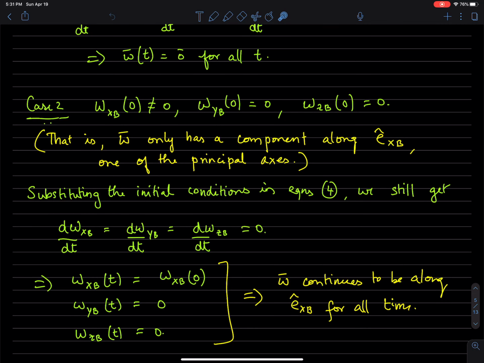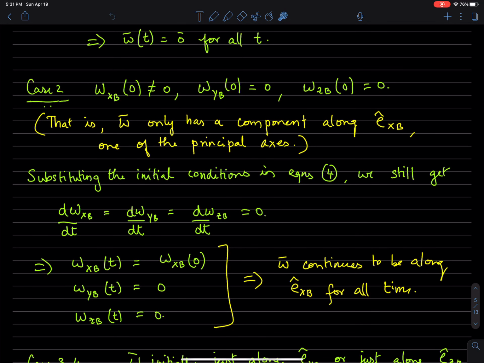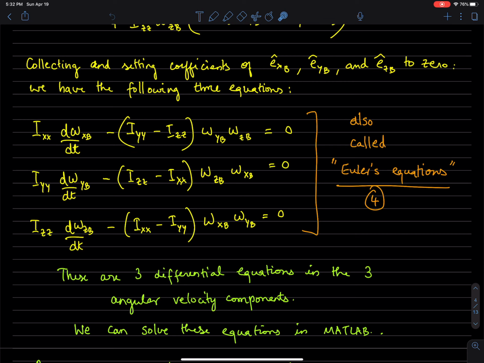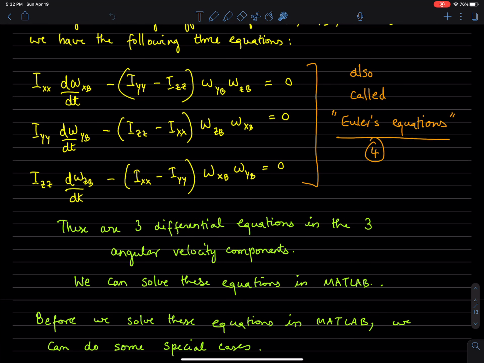Another special case is if one of the components, omega xb, is not equal to zero, but omega yb and omega zb are equal to zero. Look at these equations again. If omega xb is not equal to zero, but omega zb and omega yb are zero, then this will be zero because omega zb is zero, and this will be zero because omega yb is zero.